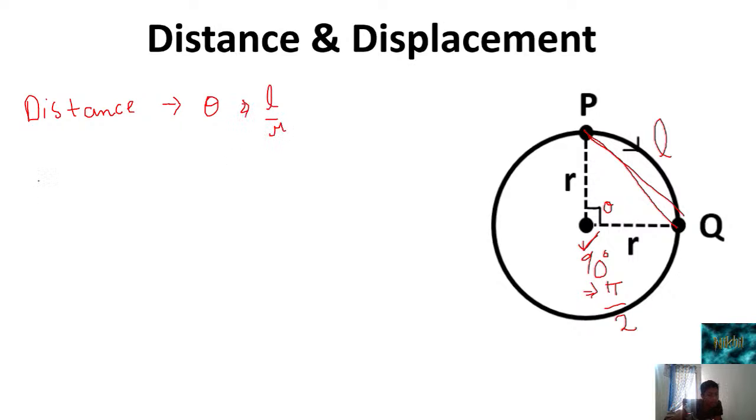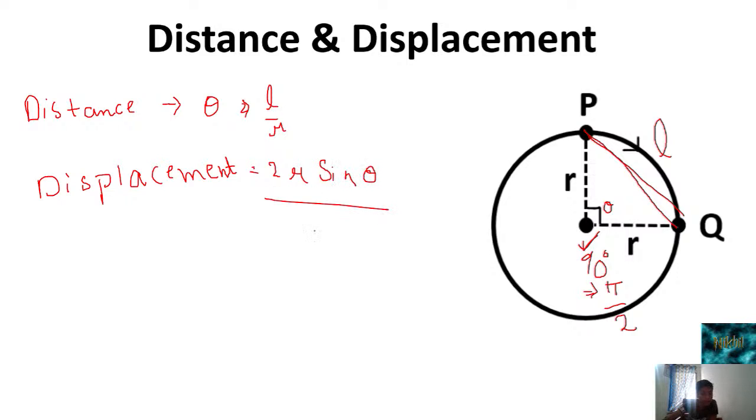And what will your displacement be? 2R sine theta by 2, where theta is in radians. I told you about radians in the last video.